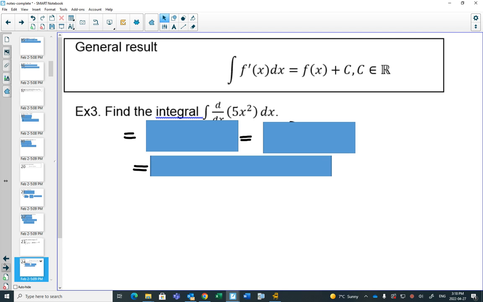So here we have an interesting notation thing. The notation says find the integral of the derivative of 5x squared. So if you were doing order of operations, you would first have to find the derivative of 5x squared, which would be 10x.